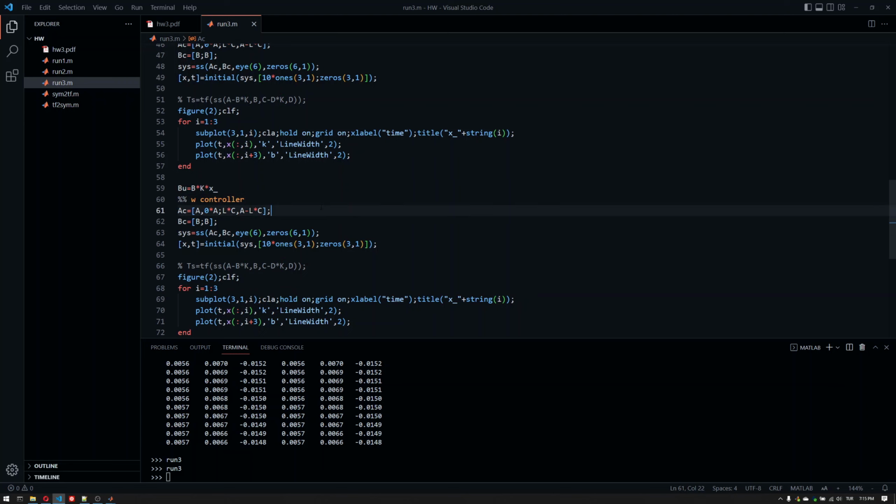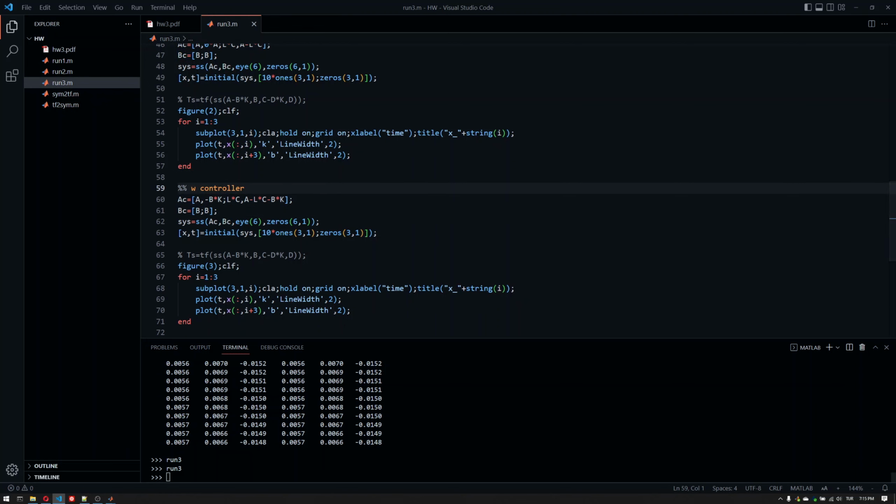And since both are added to these here, I should probably add, so this is with controller, let's make it 3. So this should basically be the second part here. It is minus kx, so it should be minus bk here and minus bk here.